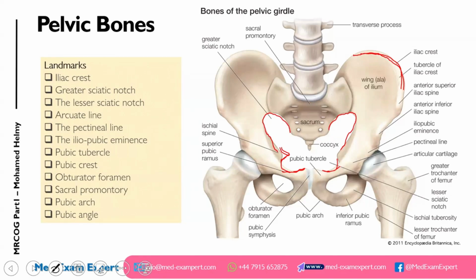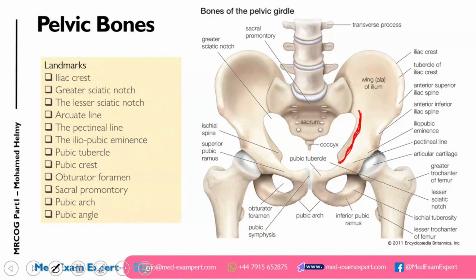Okay. Also, we have what we call the arcuate line. The arcuate line is a smooth, rounded border on the internal surface of the ilium. Actually, this one is called the arcuate line.